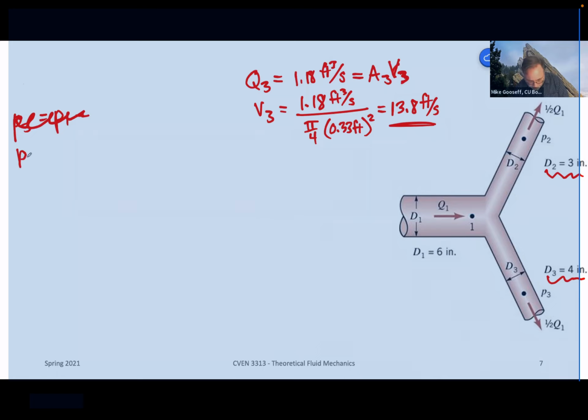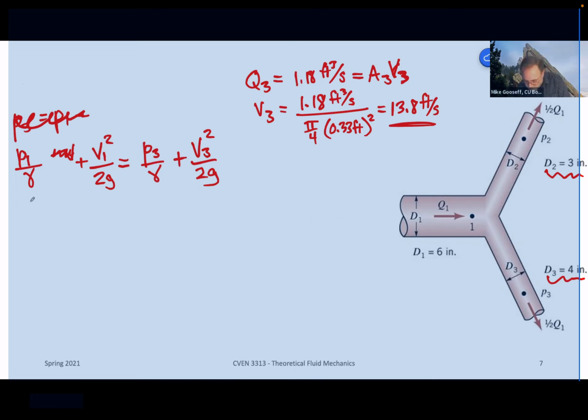So P1 over gamma plus V1 squared over 2g is equal to P3 over gamma plus V3 squared over 2g. And we're looking for P3.